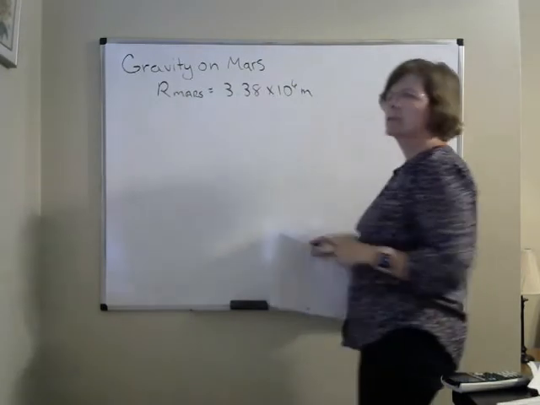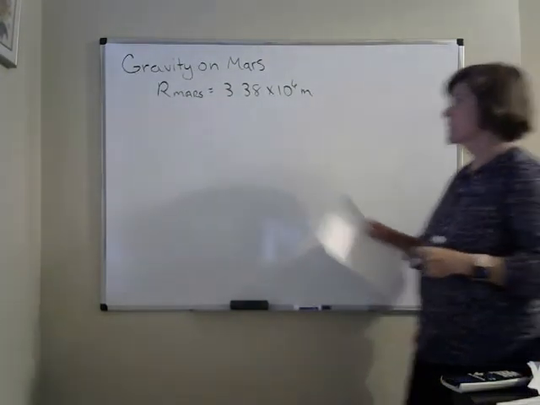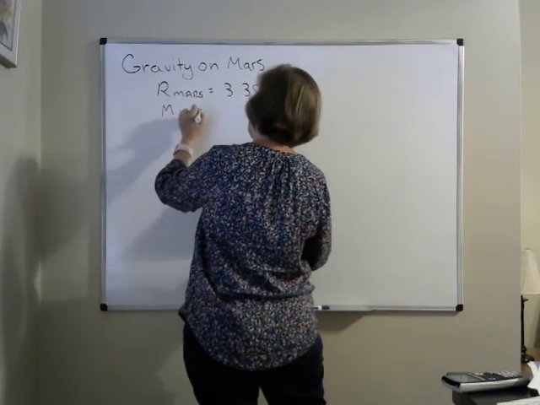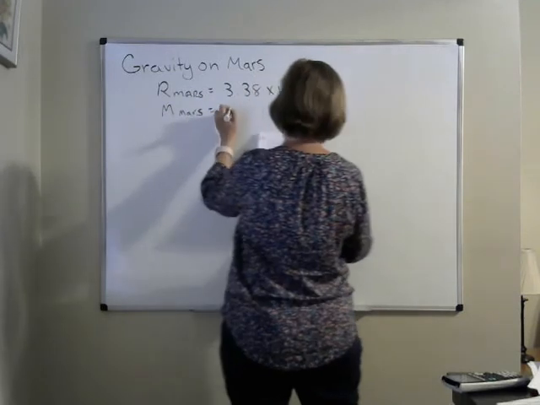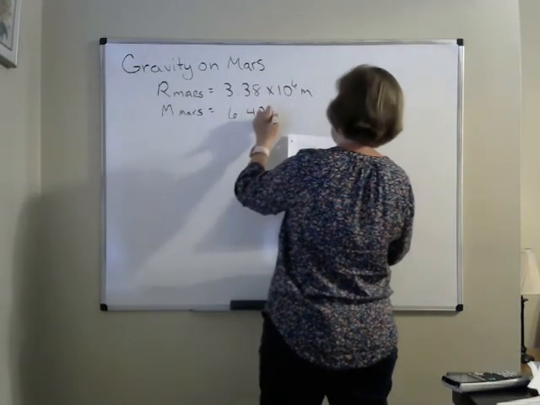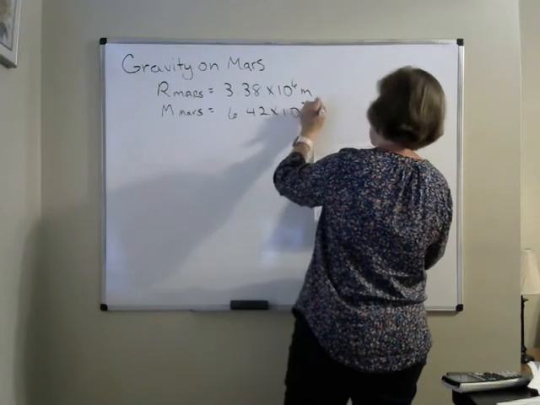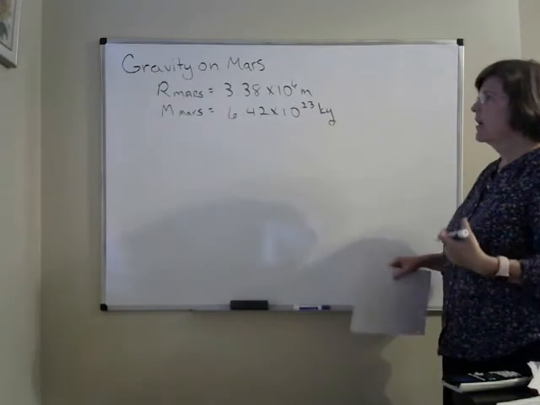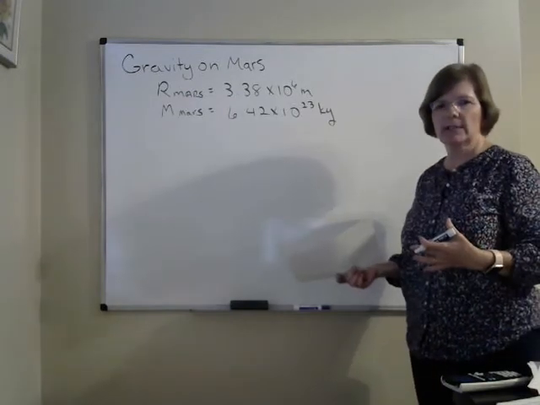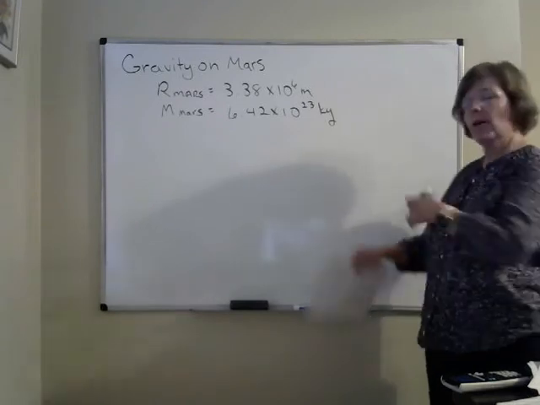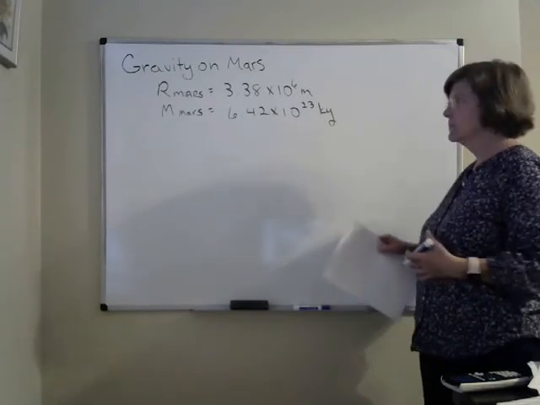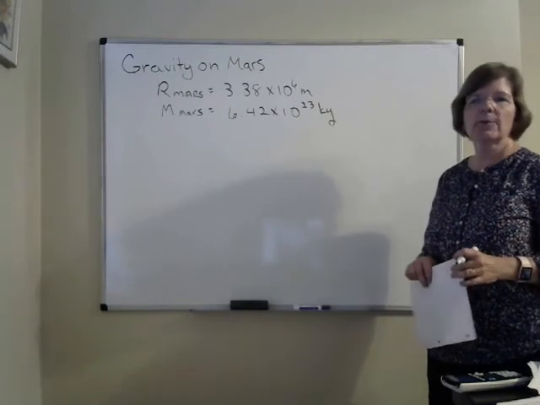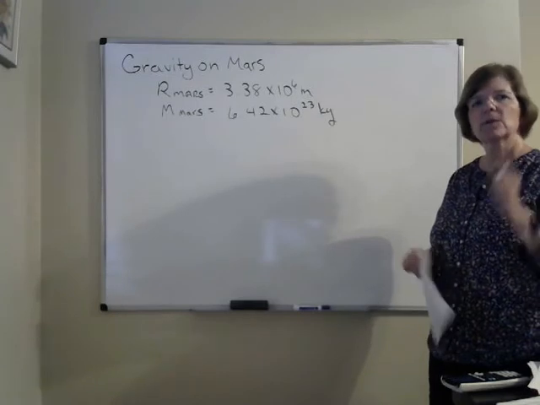So it's similar in size to Earth, but it's definitely smaller. And the mass of Mars is 6.42 times 10 to the 23rd kilograms. So you can see our radius is almost double. We're almost 8 times bigger in size. Our mass is almost 10 times bigger. So it's a substantially smaller planet. A substantially smaller planet probably has less gravity.